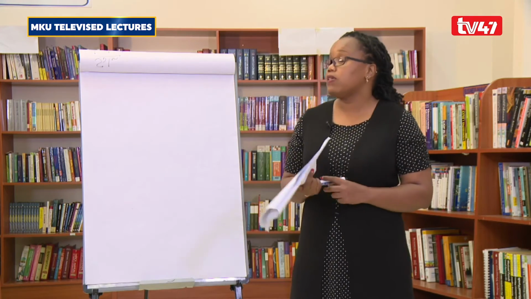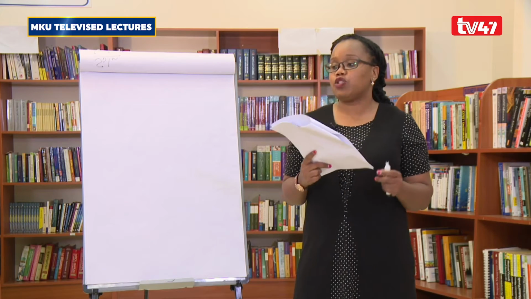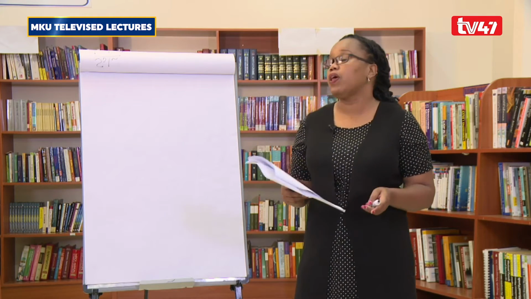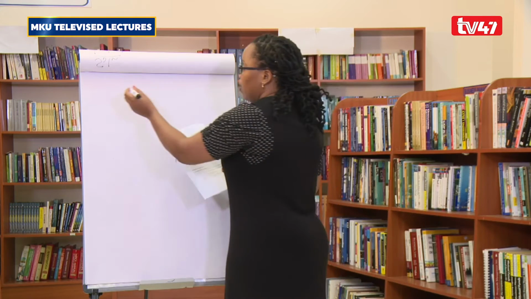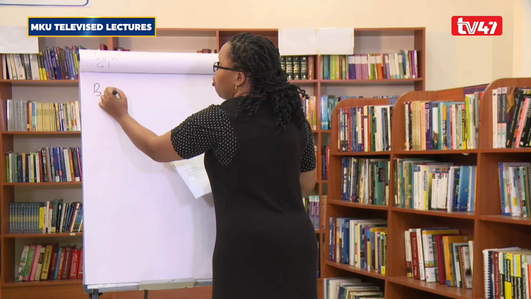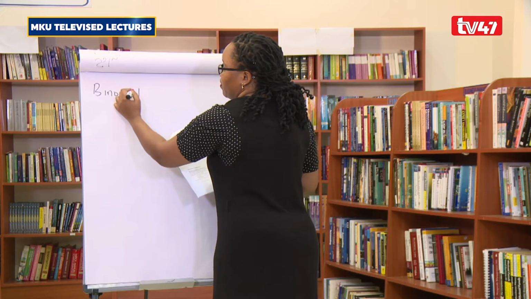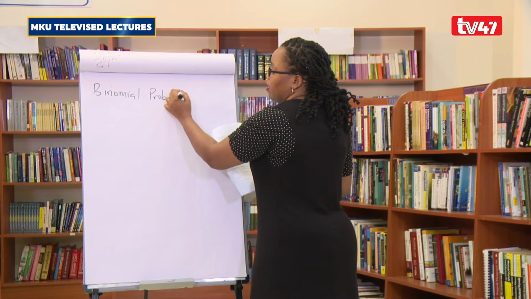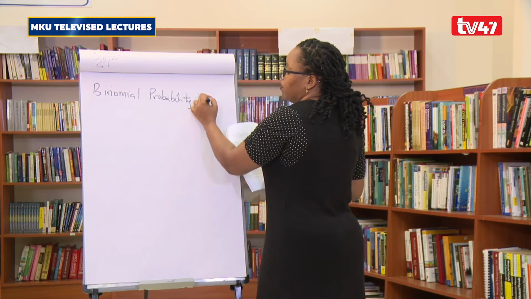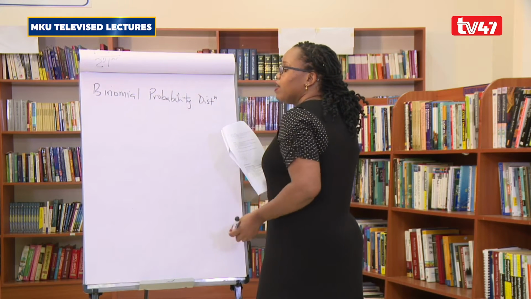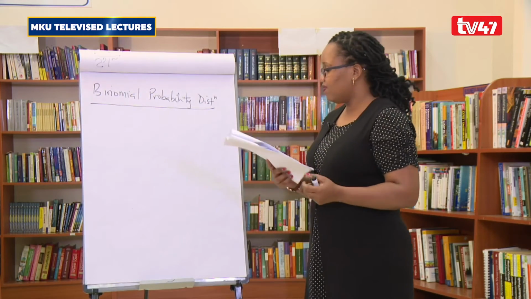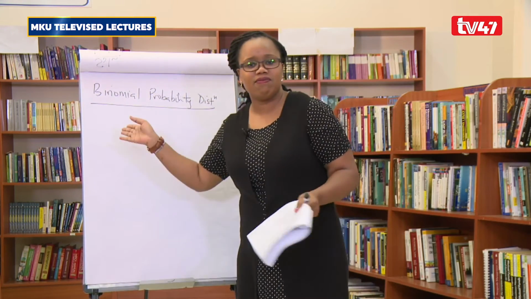The first probability distribution that is discrete for us to encounter is what we call binomial probability distribution. What does bi mean from binomial?